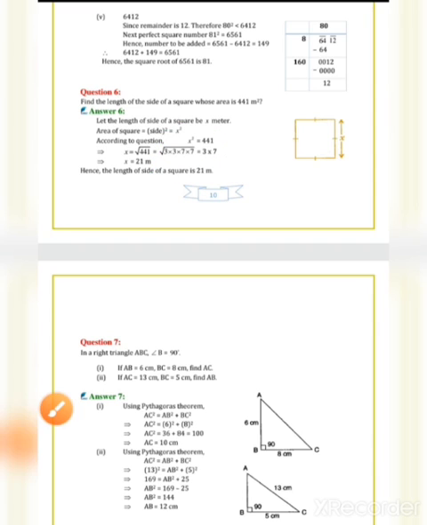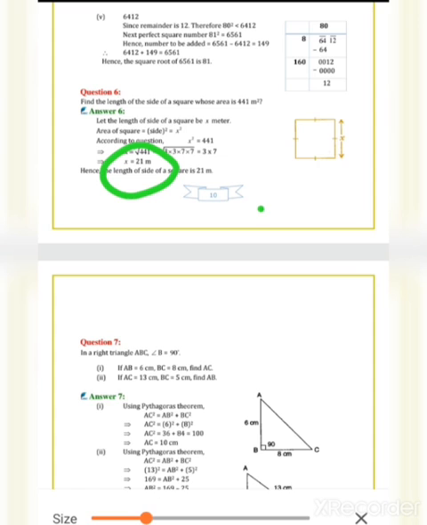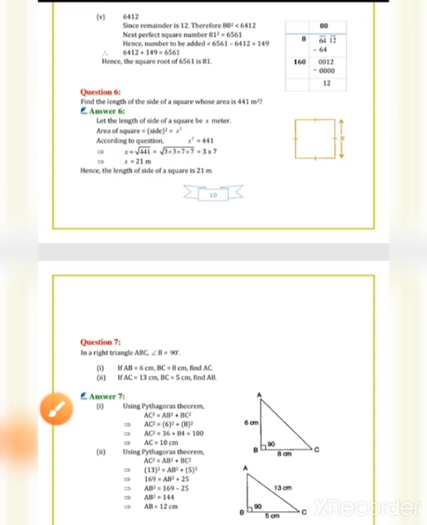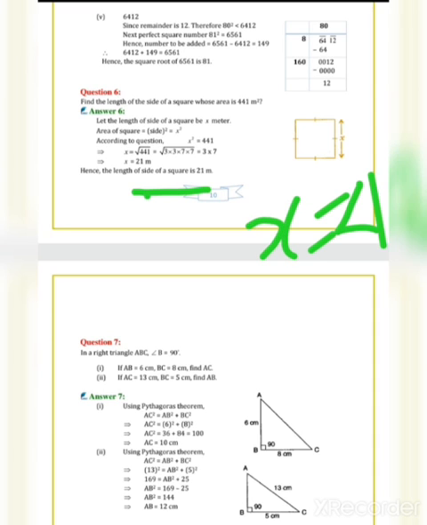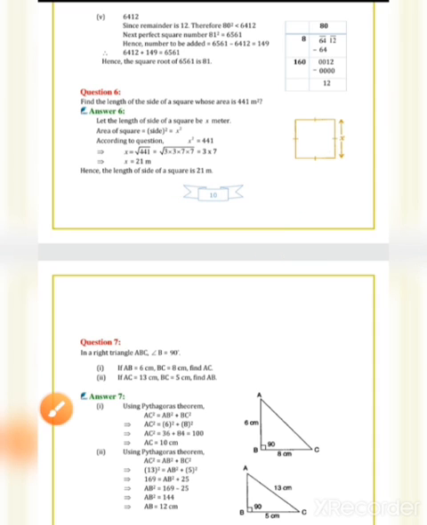So that is 21 meter over here, and after that you can get 21 meter as x. So our side is 21 over here.